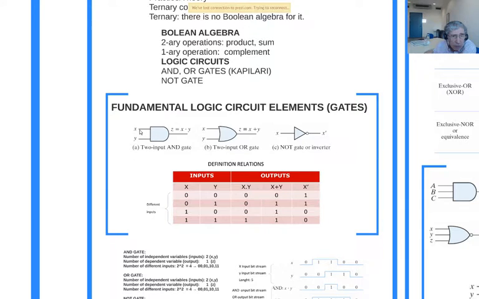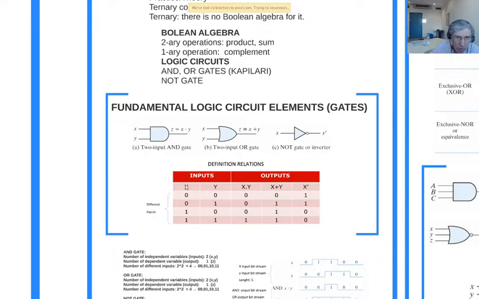Since we've got 2 inputs here, permutations of 2 symbols taken 2 at a time give 4 alternatives: 0 0, 0 1, 1 1, 1 0. So that means 2 to the power 2, which is equal to 4. For these 4 inputs, the output is given here.